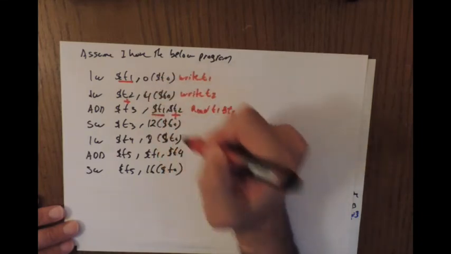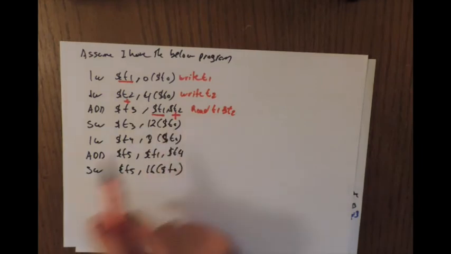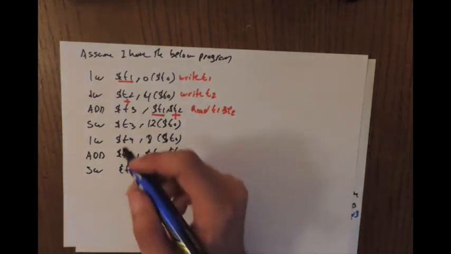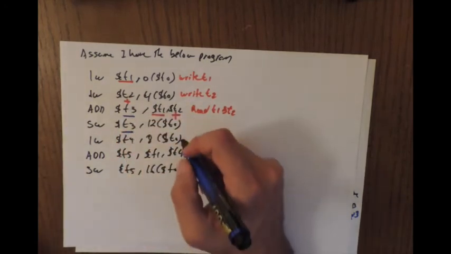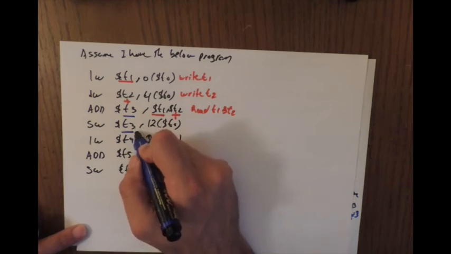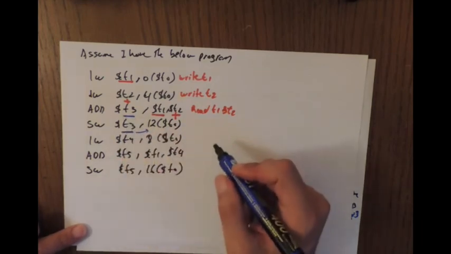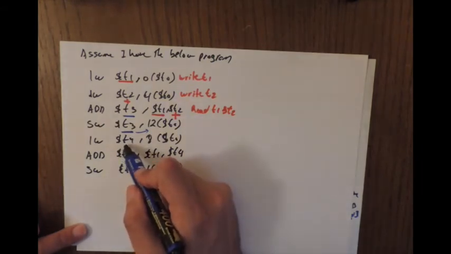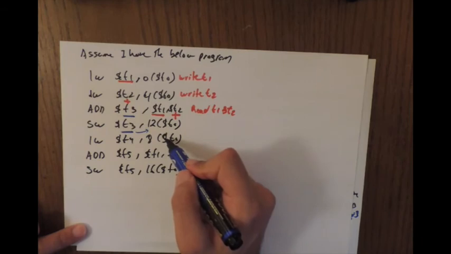So here I have two dependencies. And then I check T3. Also, there is a read after write dependency between T3 and this. Remember, SW reads the value and stores it here. So this is a read and this is a write.